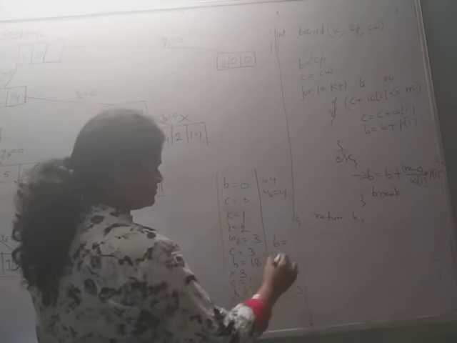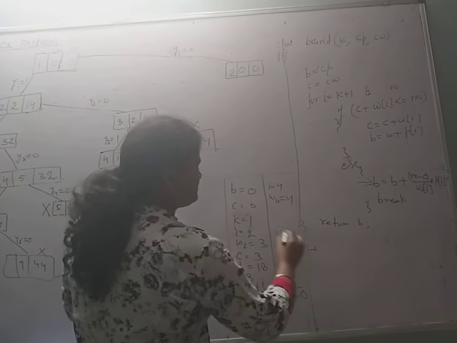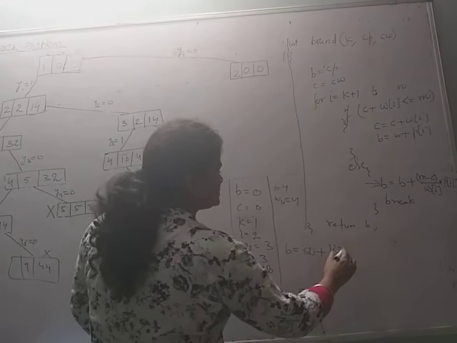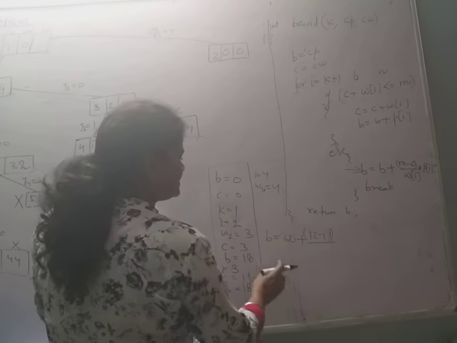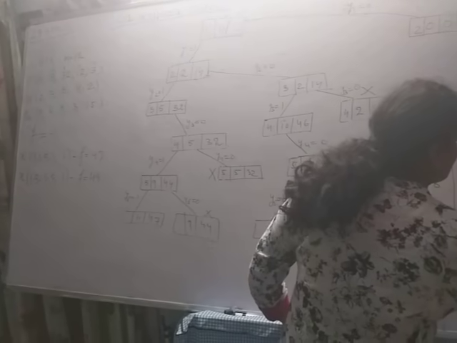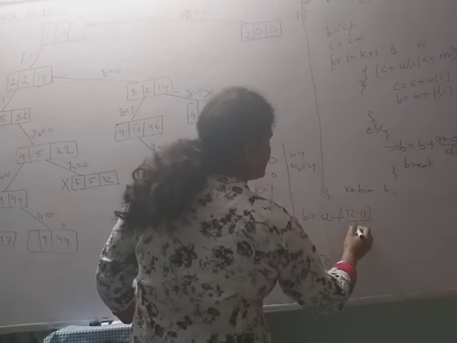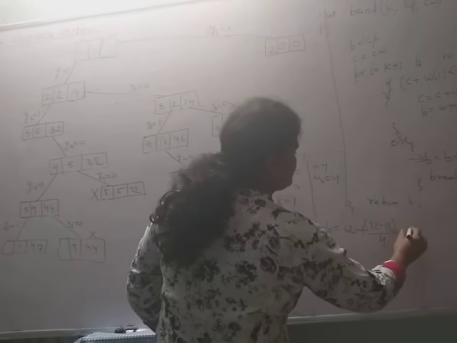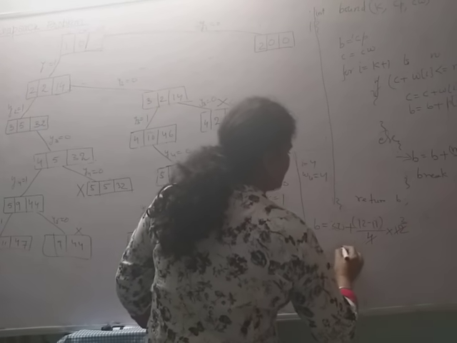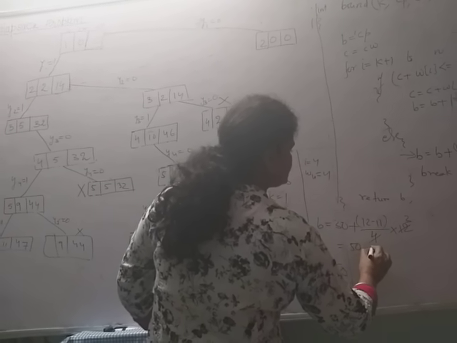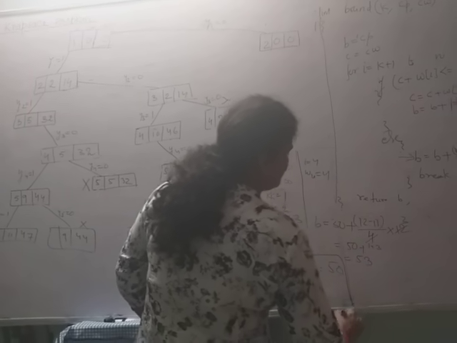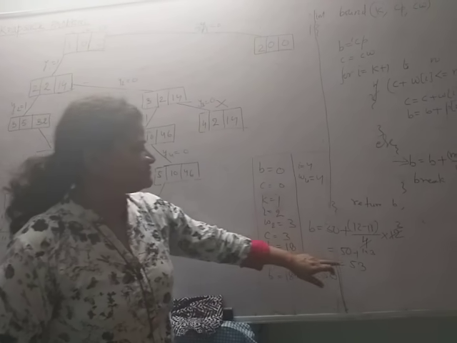So b is 50 plus m minus c, m is 12, 12 minus 11, divided by w4, which is 4, into the profit of the fourth weight, which is 12. So that is 3, and 50 plus 1 into 3 is 53. So now the profit generated is 53.